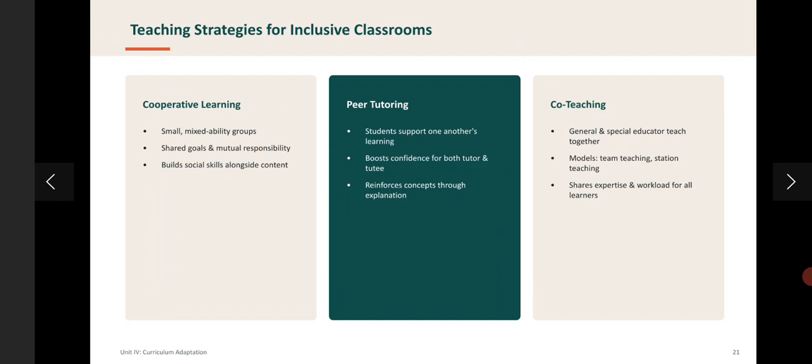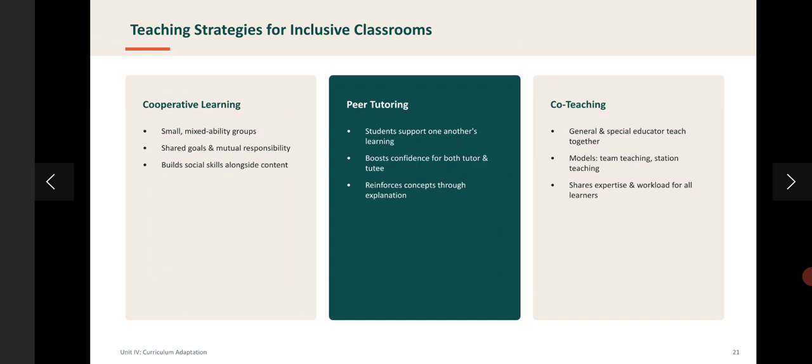Team teaching: one teacher teaches, one assists, one observes. Station teaching, where each is responsible for a different part of the lesson plan. Parallel, split in half and teach. Alternative, where one teacher handles the larger group, meanwhile the other handles the small group at different levels. So that's how co-teaching works.